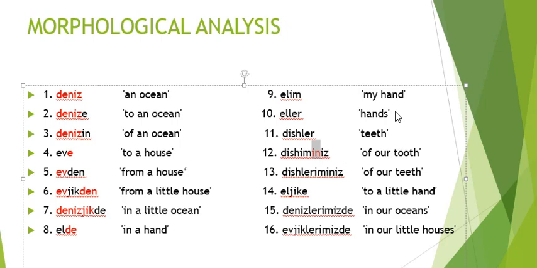So you don't have enough information to know what is the structure representing tooth in Turkish. So you can leave this word tooth to find the structure at the end of the analysis, because it is complex. You don't have enough information to know what this morpheme is.